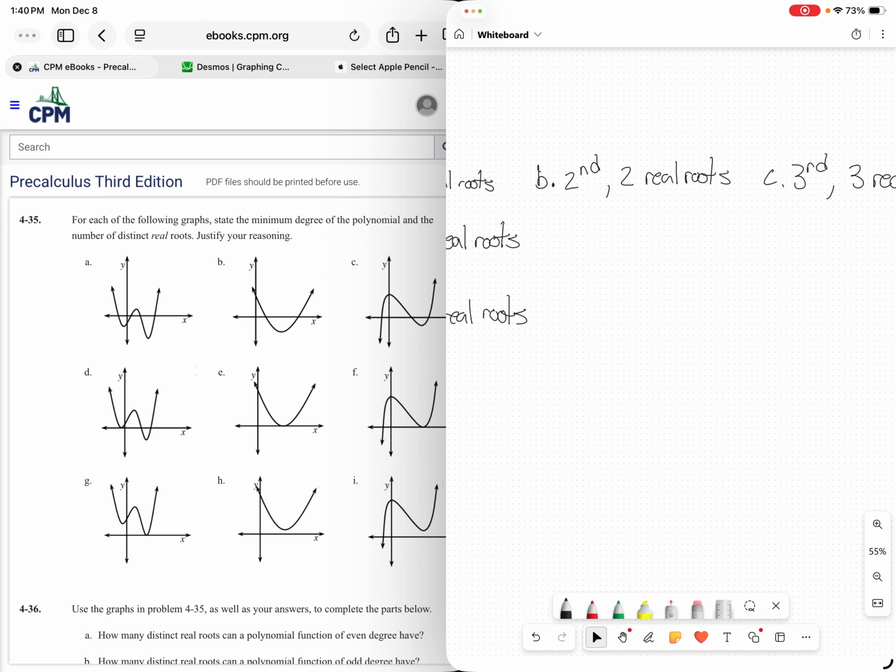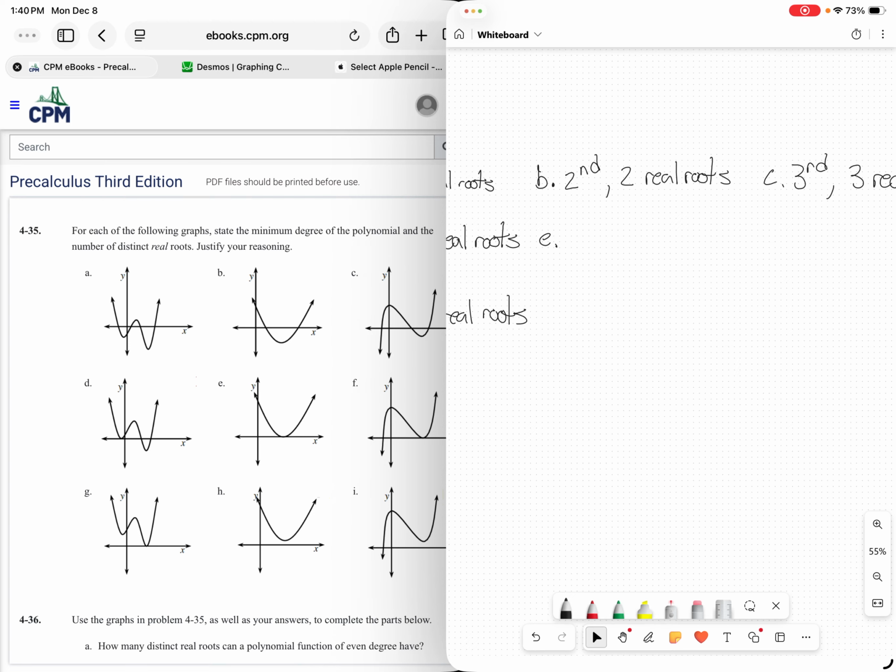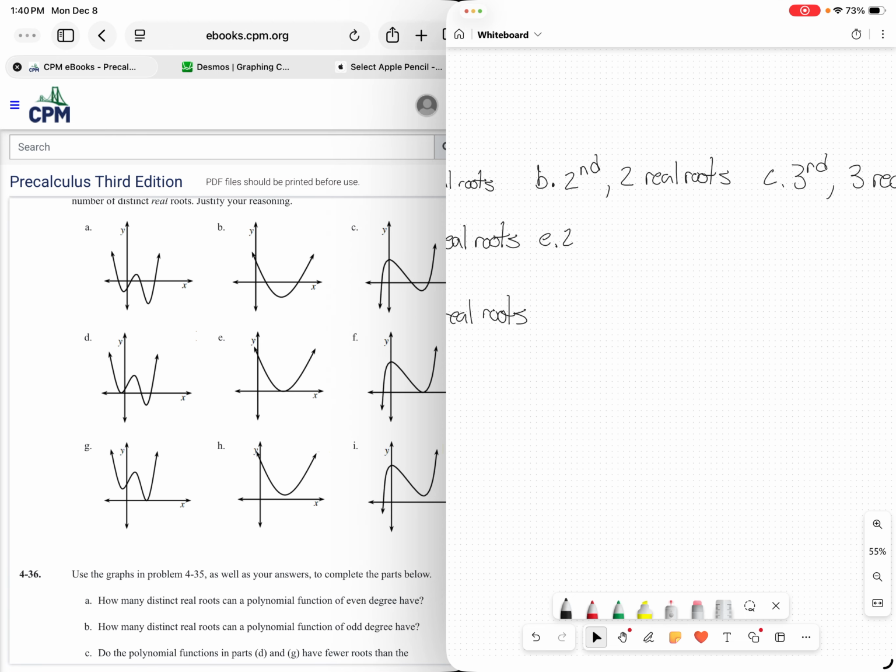Okay, looking at E. So now let's go to this 2nd column. Again, if you look at the 2nd column, E and H are both 2nd degree polynomials, quadratics, right? But if you look at the number of roots, E has 1 real root and H has 0. No x-intercepts there.